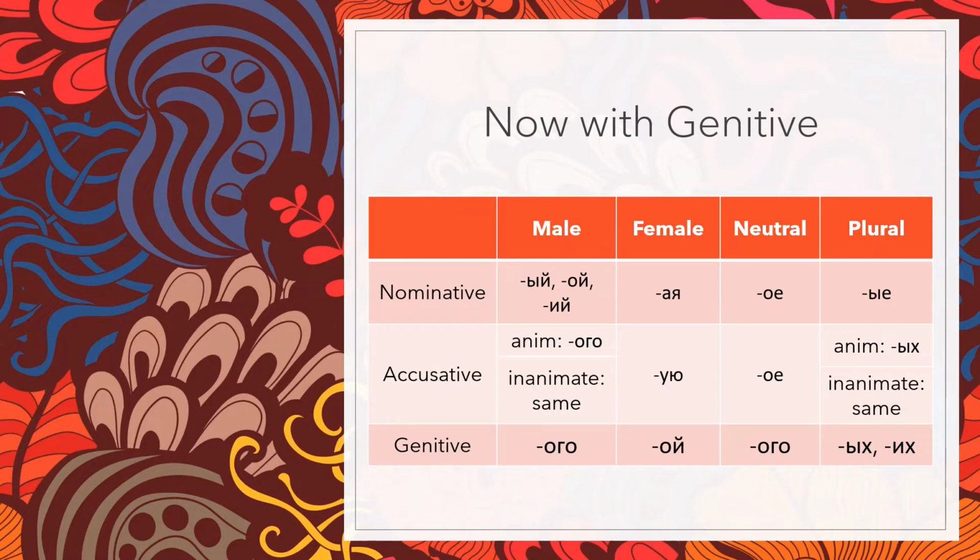It's going to be и. Okay? So we'll see some examples of that. For now, just know that for genitive case, the adjectives in plural are going to have the -ых ending, and we'll see if there are exceptions, okay? Now let's look at some examples.